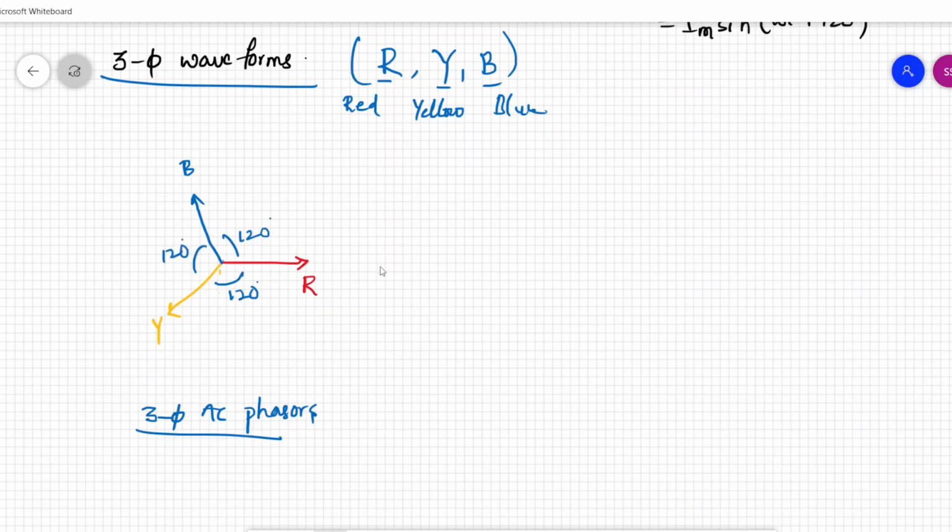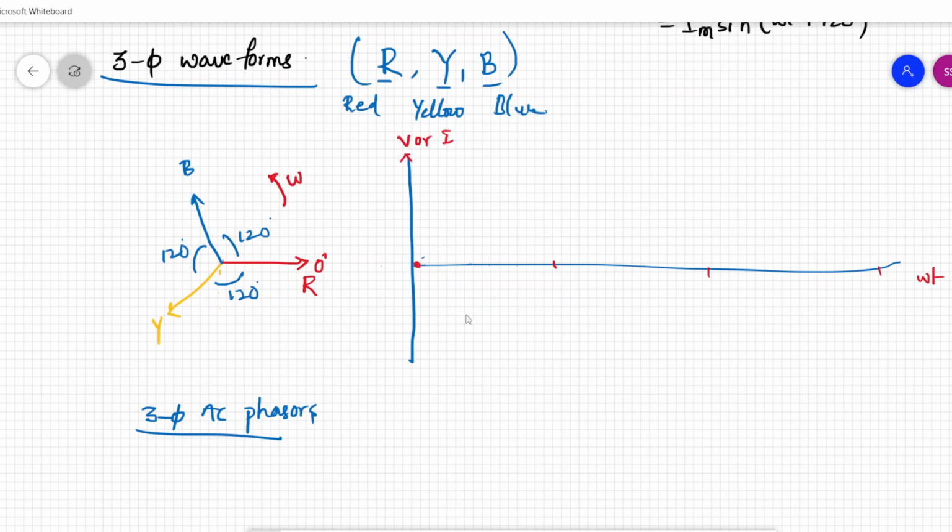Now let us try to draw the waveforms. I am drawing the red color waveform first. The R phase starts at 0 degrees reference. Let us take these as the intervals of omega t, so that it can be voltage or current waveforms. It is rotating at an angular velocity of omega in counterclockwise direction, so the tip of the R phase phasor creates a waveform having the peak as its length.